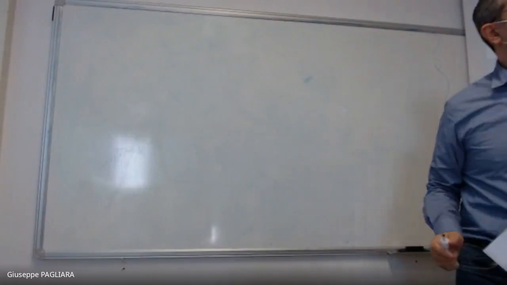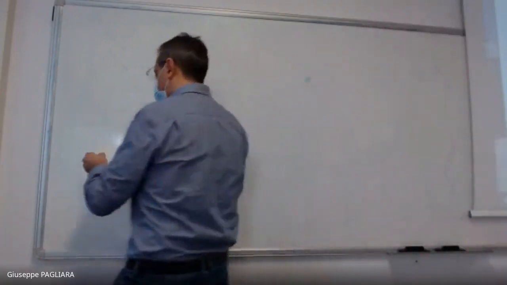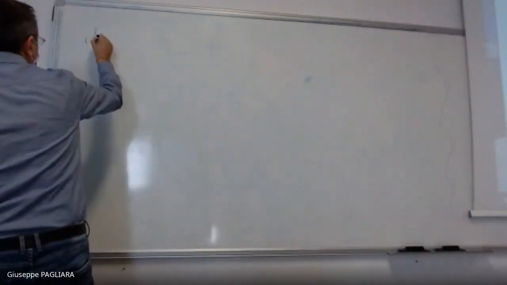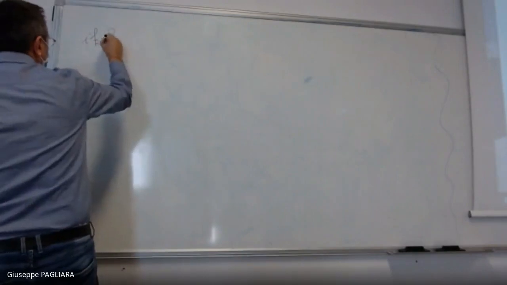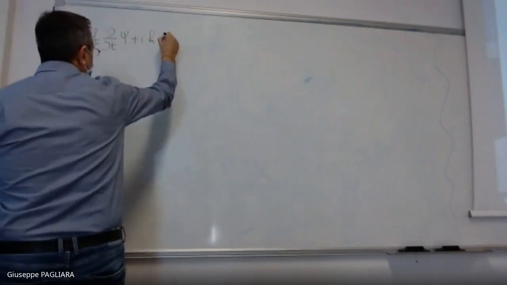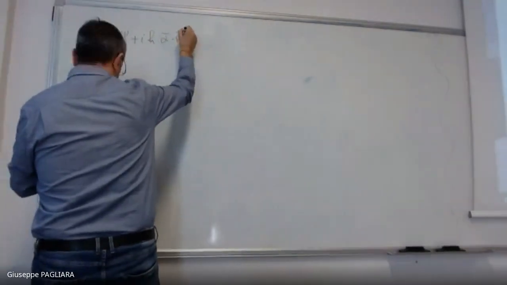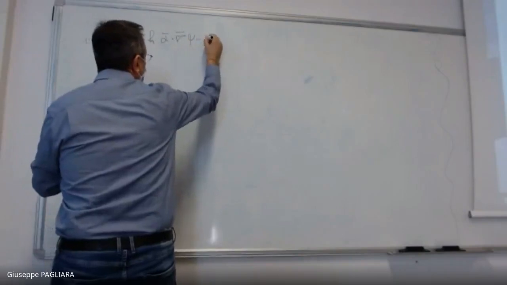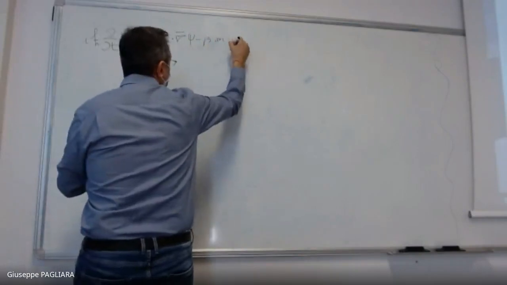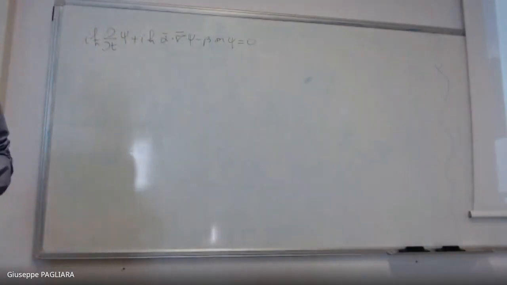Let me start from the Dirac equation in the full expression, the one I showed before on the slides: i h bar partial t psi plus i h bar alpha dot nabla psi minus beta m psi equals 0. This is the canonical form where we just put in the Dirac Hamiltonian explicitly.